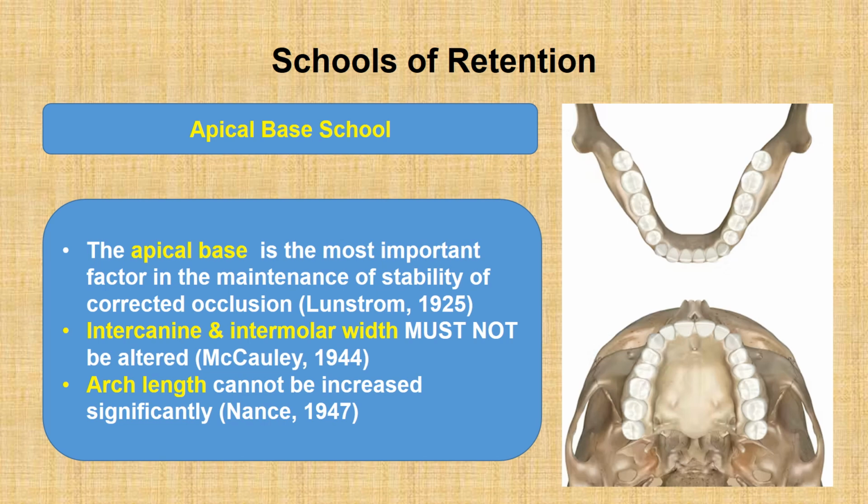The next school of retention is the so-called apical base school. According to this school of thought, the apical base is the most important factor in the maintenance of stability of the corrected occlusion, and thus the intercanine and intermolar width must not be altered with treatment, and arch length cannot be increased significantly.